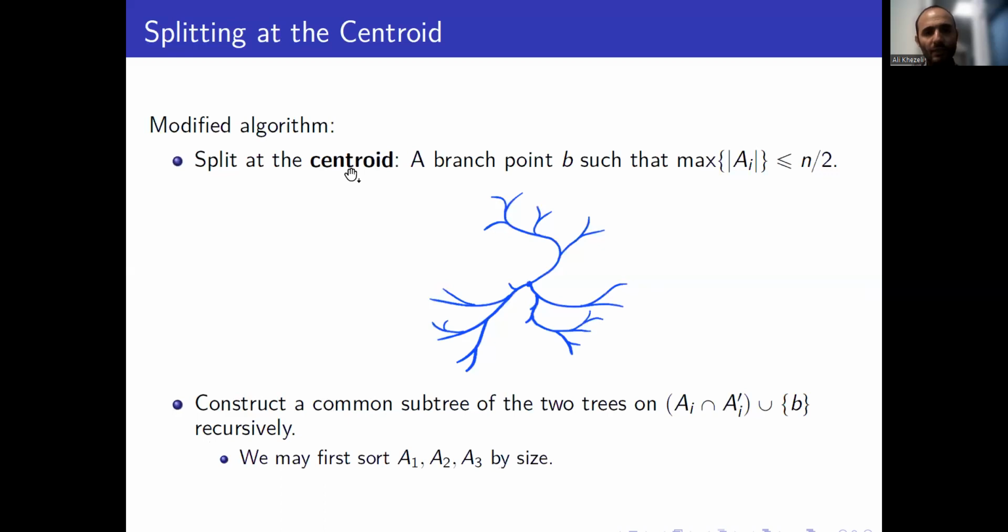The centroid is a branch point B such that the maximum of these three branches is bounded by n/2. It can be shown that there is a unique branch point with this property, or if it is not unique, there are only two adjacent points in the middle which satisfy this.